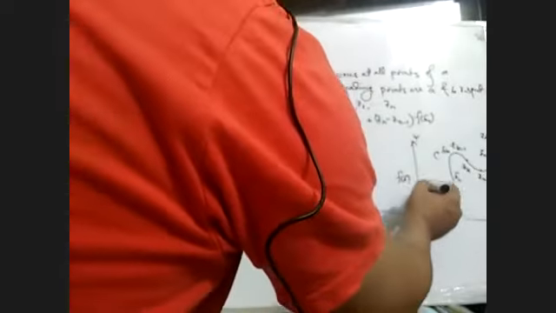For every value of Z1, Z2, we get f of del.